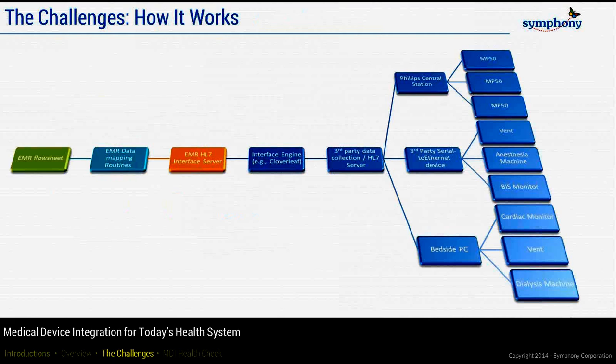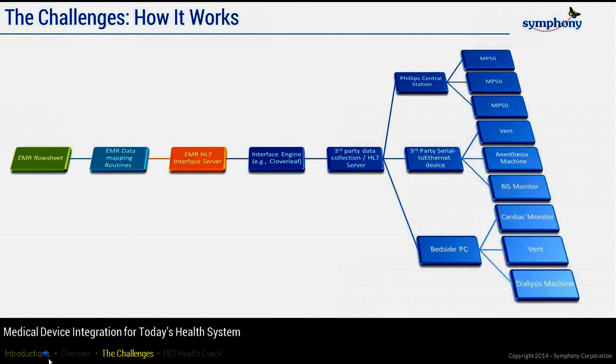So moving on to the challenges, to start with, here is a nice little graph that shows how it all works. This is what needs to happen in order to implement an MDI solution of some sort. Over on the right, you have a row of your medical devices, and then an intermediary stage, which is some sort of device collecting that data.